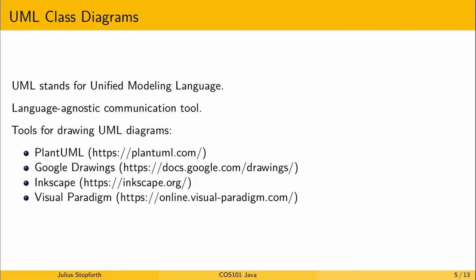You can also use tools like Google Drawings, Inkscape, Visual Paradigm, I think even Figma. The UML diagrams are actually just a set of rules, so you can use anything, and as long as you adhere to the rules, then anyone can read your diagrams and understand how to implement it.